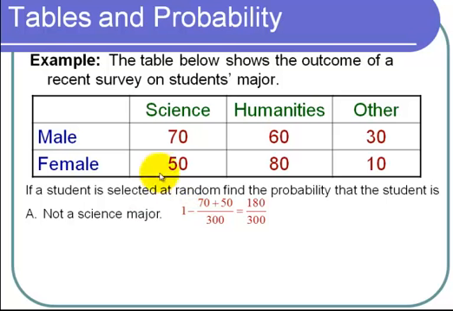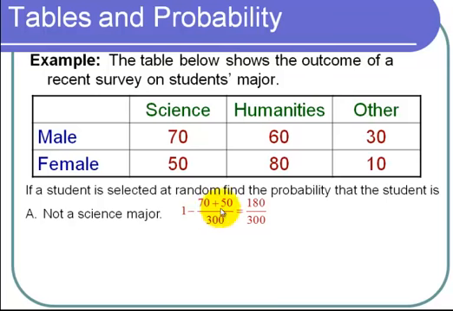Well, how many science majors are there? There's 70 plus 50. That's how many science majors there are. And then how many total people are there? That's 70 plus 60 is 130, plus 30 is 160, plus 50 is 210, plus 80 is 290, plus 10 is 300. So notice there are 300 total students that were surveyed.